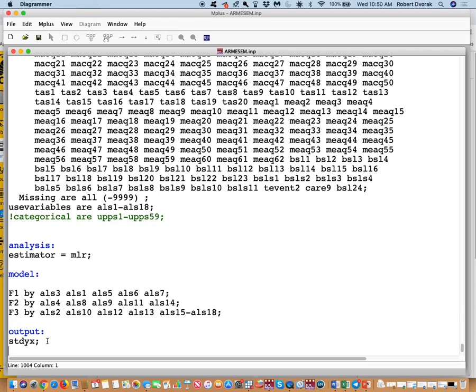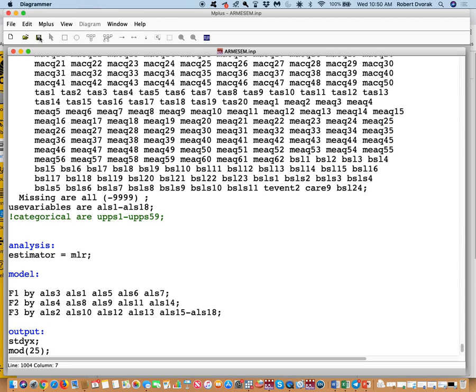Come on, we're missing one output that we really need to make sure we have. Yep, our modification indices, and we usually do 3.84, but I said don't do 3.84. What did I say to use? 25.